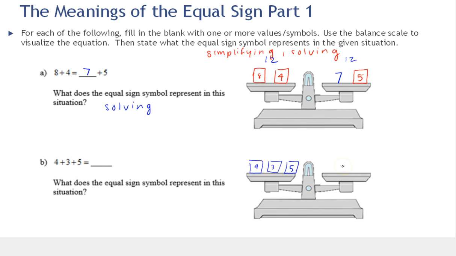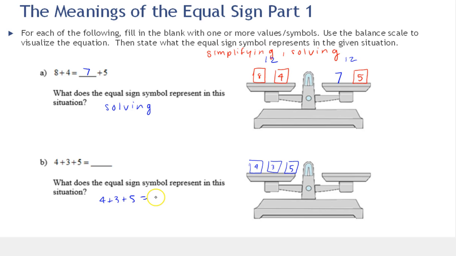That would probably be the easy, sneaky way to do it, and that would be finding an equivalent expression, because we weren't given directions here. Don't worry, in general, you will always be given directions. Here we're just playing around with the ideas to get a feel for these different types of directions. But you would typically solve this by finding 4 plus 3 plus 5.